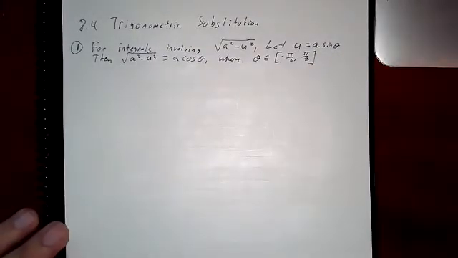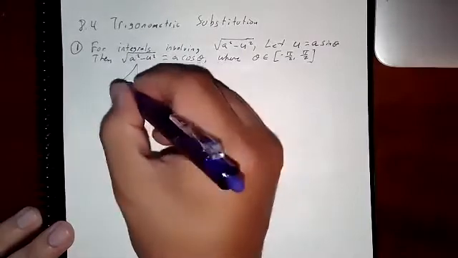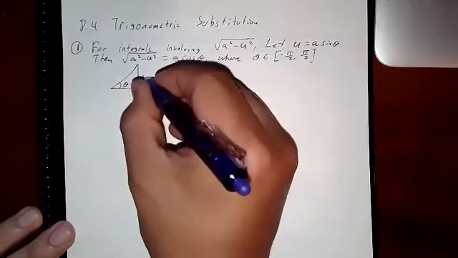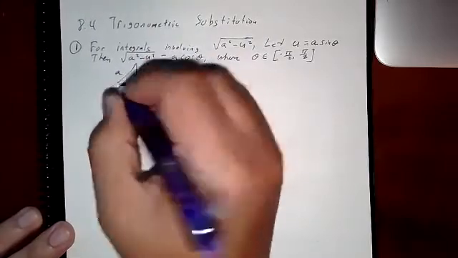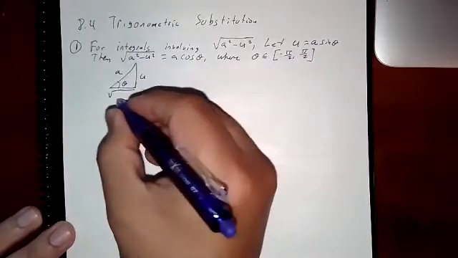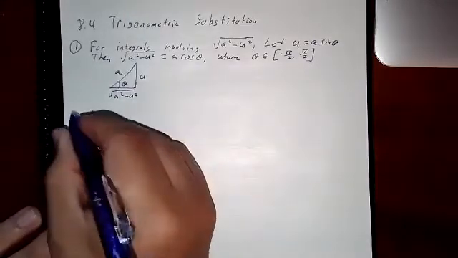Okay. And then the triangle you would use would be this guy. Here's theta. Here's u. Here's a. And here is the square root of a squared minus u squared. So that's number one scenario.